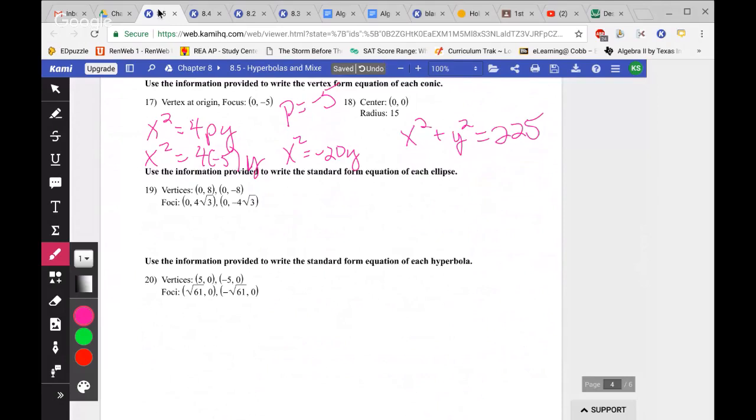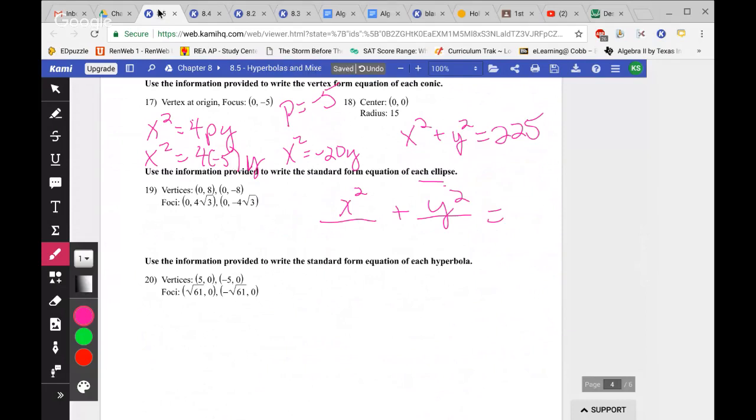Okay, so this one is an ellipse. And what I know about an ellipse is that the vertex is going to be in the larger, the bigger quantity.